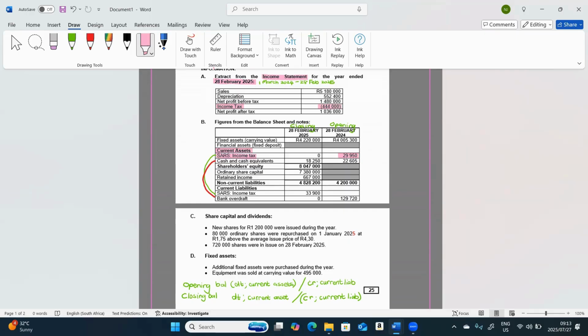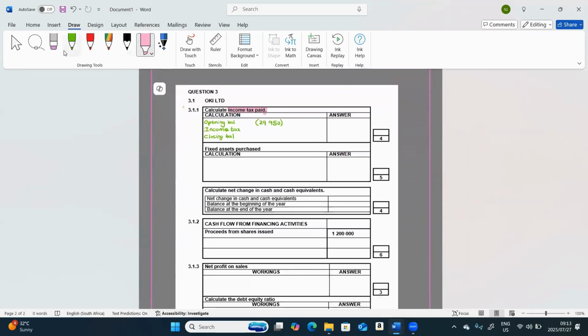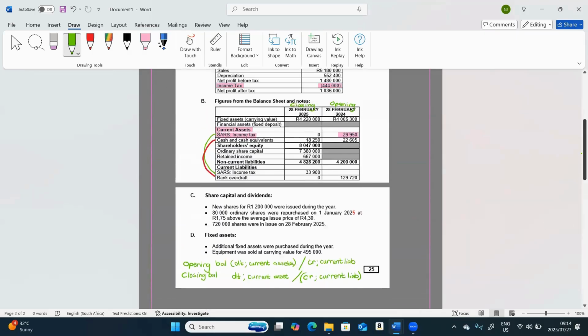This is the current year expense, and it will be a positive amount. So you write in the 444,000 as a positive amount.